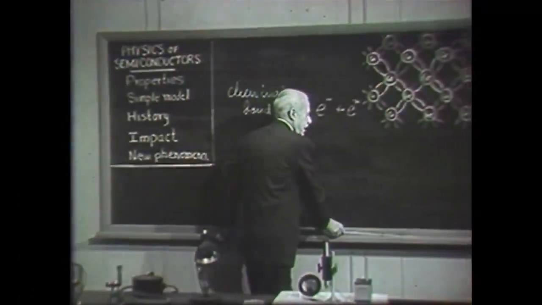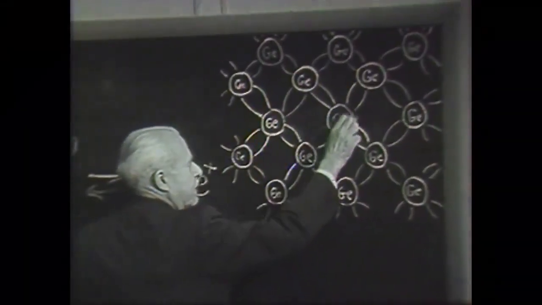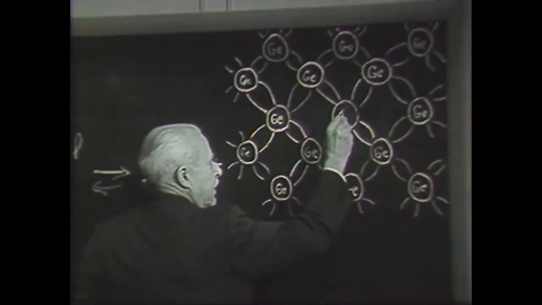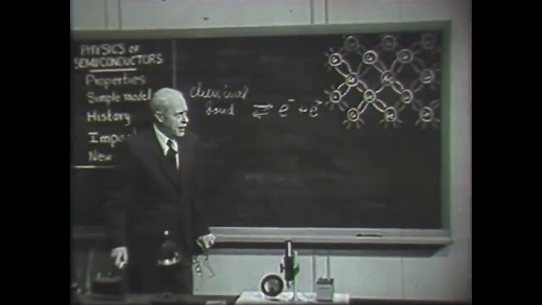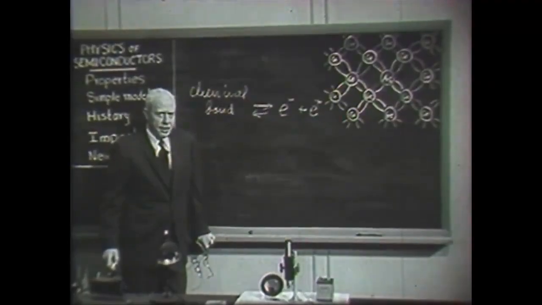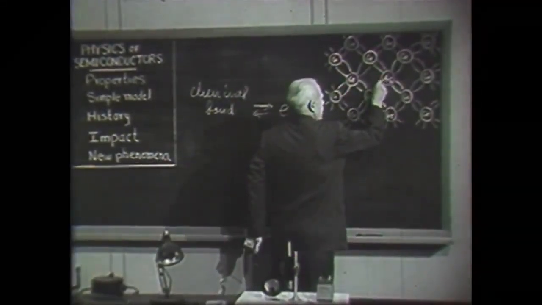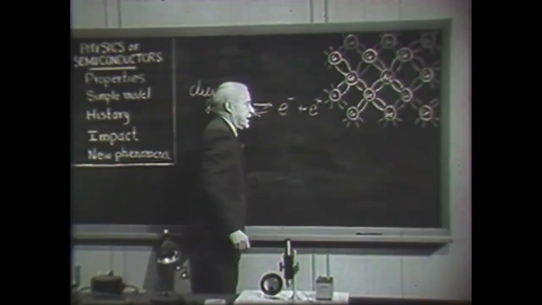When arsenic as an impurity occurs in the germanium crystal, it goes in substitutionally in the place of a germanium atom. The difference, however, here is that the arsenic has 5 valence electrons, and it only needs 4 valence electrons to make up these chemical bonds.